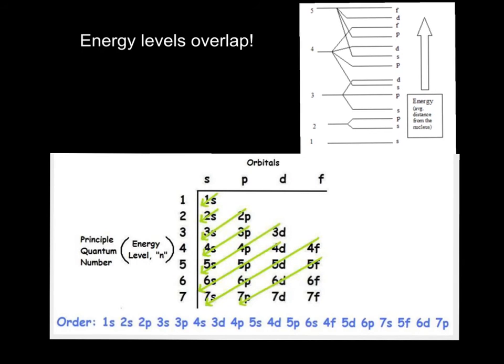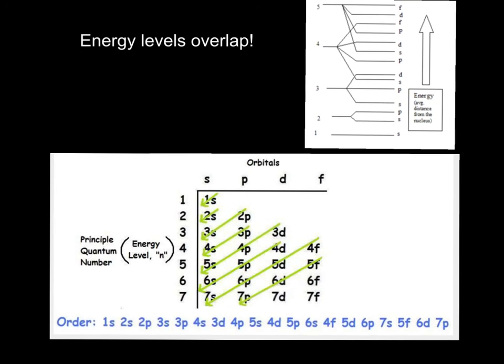I only show 5 energy levels in this diagram, but if you start taking a look, the first energy level has an s orbital. The second energy level has an s and then a p. The third energy level has an s, p, and d because it has 3 different sublevels.